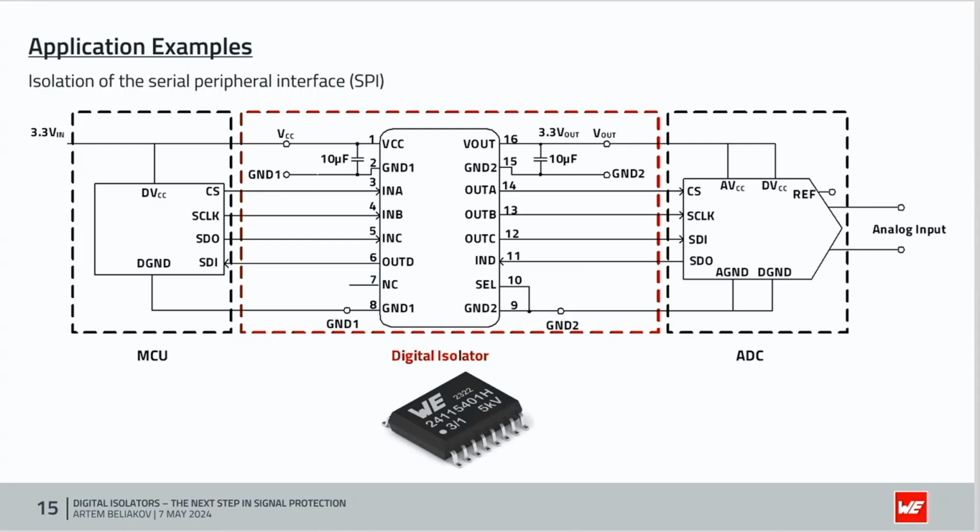What means 3 channels have forward direction from primary side to secondary side, and 1 channel has reverse direction from secondary side to primary side. Also, you can see that this is digital isolator with integrated DC-DC converter. This solution will be very useful in application with space limitation.